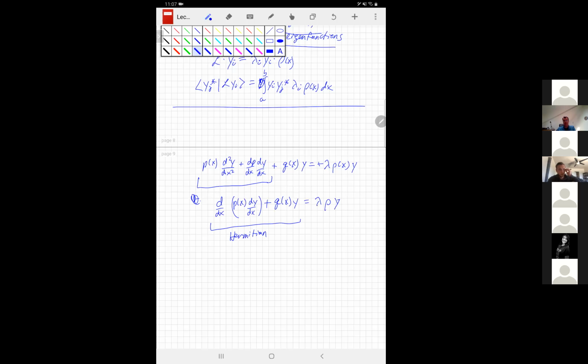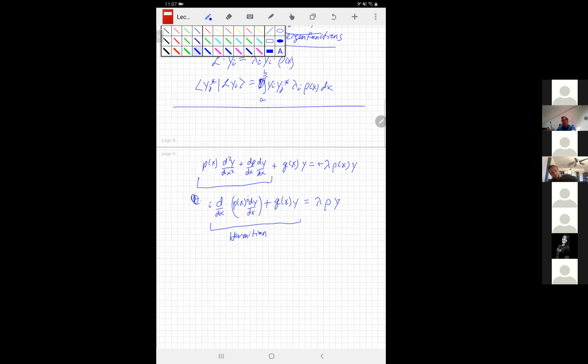This is a Hermitian operator acting on y. Now, one thing you're thinking is, wait, I see derivatives. But Dr. Small told us that i times a derivative is Hermitian. Yes, i times a derivative is Hermitian. But if I were to put an i here and an i there, I would just get a -1, and I could absorb that -1 into the definition of p.